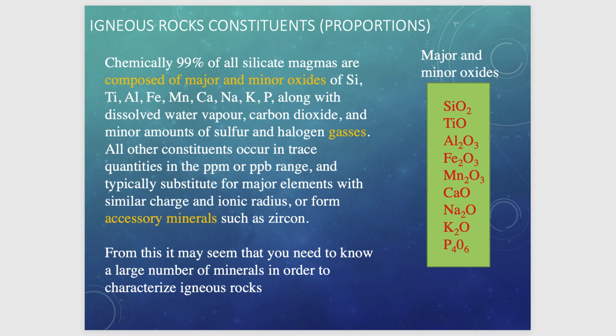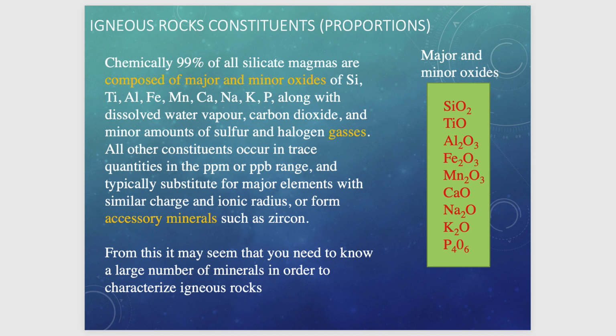So you will have cases in which you have traces of things like uranium within some minerals such as monazite, which will be trace elements, or zircons themselves can host zirconium together with traces of uranium.